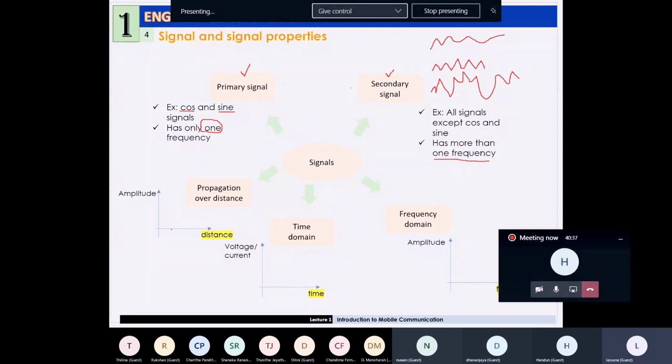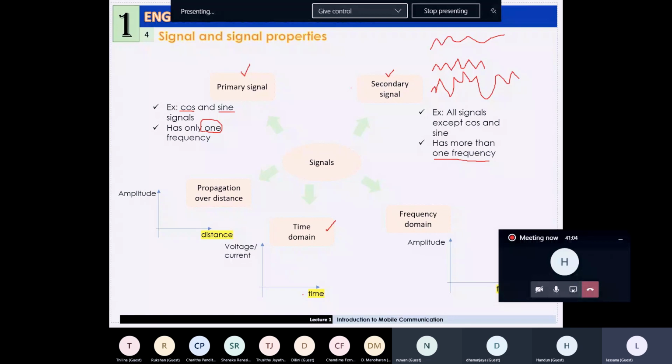Time domain means you are drawing your signals against time. Or in other words, whenever you draw signals in a graph, your x-axis will be time.